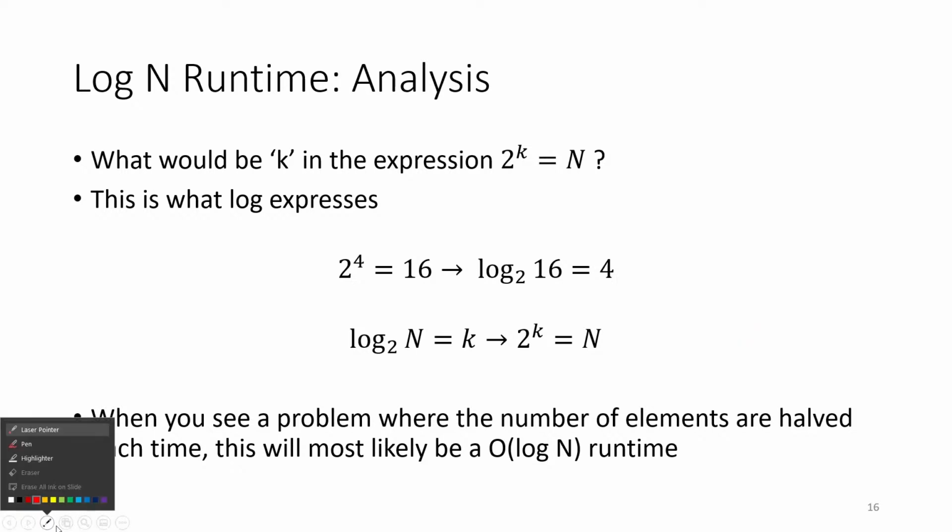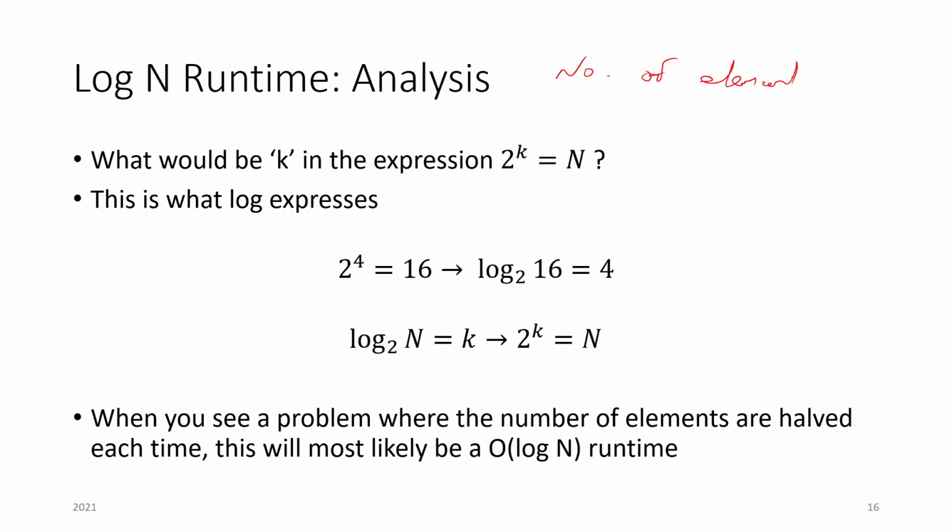Just going to write this on the slide for you. So if the number of elements is doubled, there's a chance that it's going to be O of 2 to the power n for your runtime instead.